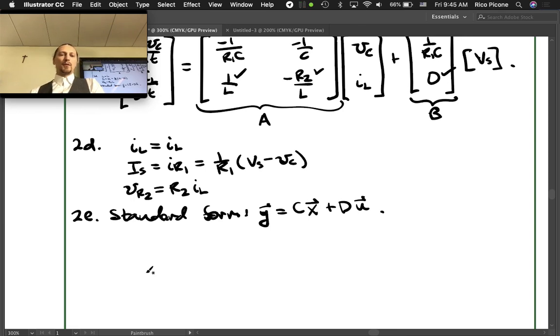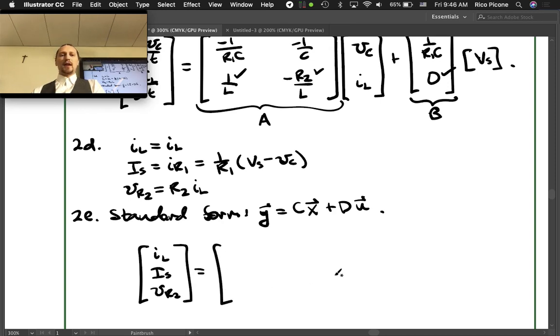If we wanted to, we could write it as IL, IS, and VR2 equals some C matrix times x. So the C matrix has to return a 3 vector when it operates on x, and x is a 2 vector. So that means that C has to be a 3 by 2 matrix, right?